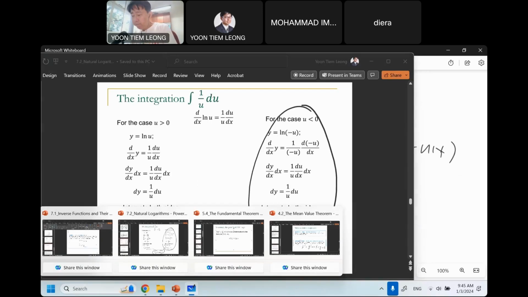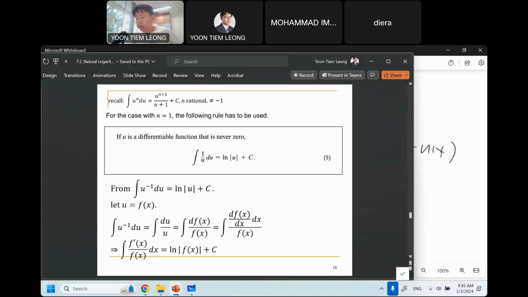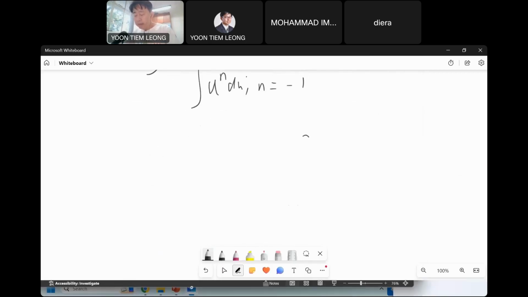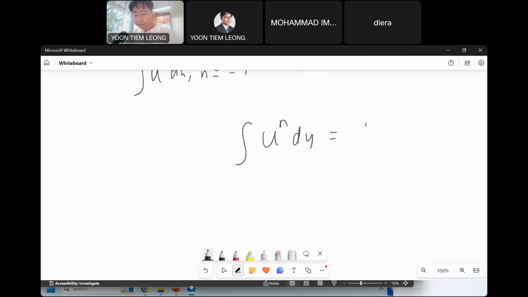If you recall the formulas that we have discussed earlier on, we have actually derived this very simple relationship in the previous lecture that says if u is raised to the power of n and you integrate with respect to u, then you will get u to the power n plus 1 over n plus 1, plus a constant, for u being any arbitrary function of x.